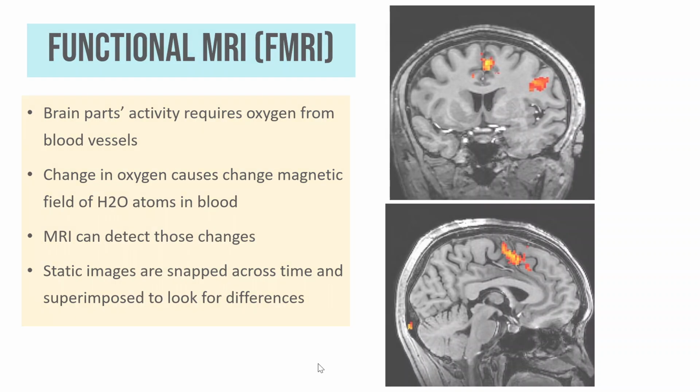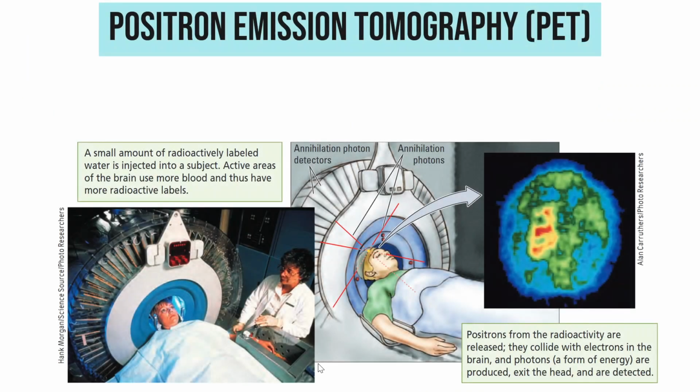Now we come to our last way of researching, that is PET, positron emission tomography. A radioactive substance, relatively harmless to humans, is injected into a person. It is observed what kind of positrons leave the body due to decay during brain activity, and it is measured by the PET scanner.